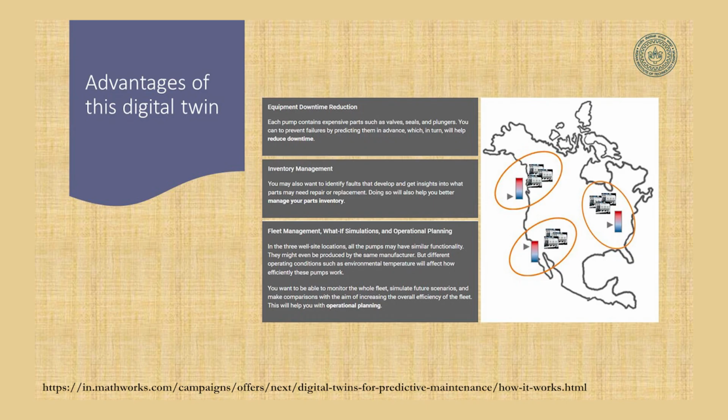In the 3 well site locations, all the pumps may have similar functionality. They might even be produced by the same manufacturer, but different operating conditions such as environmental temperature will affect how efficiently these pumps work. Maybe this is located up north, this is located slightly down south.